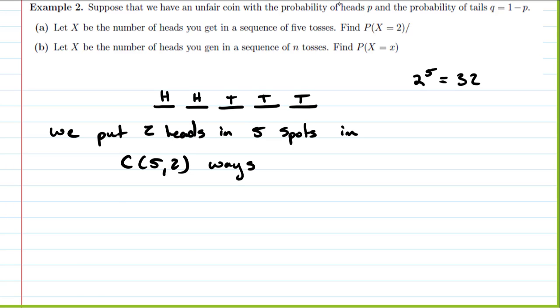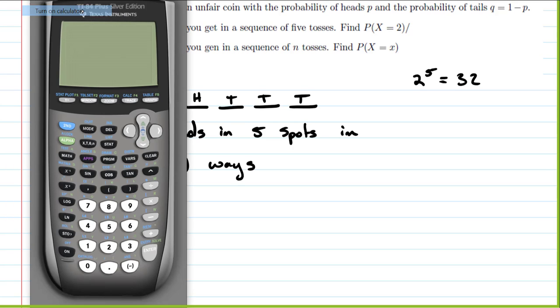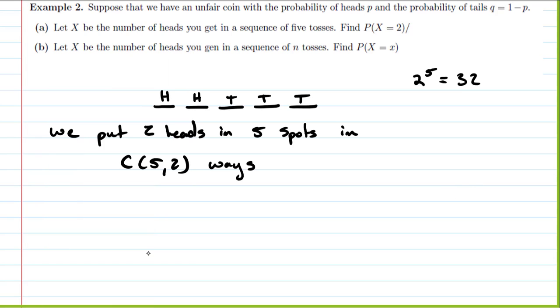So then we grab our calculator, and 5 choose 2 gives us 10. And we know that there were 32 events in our entire sample space. So the probability that X is equal to 2 can happen 10 ways out of 32.